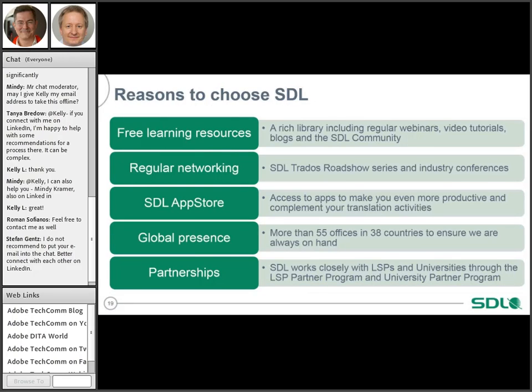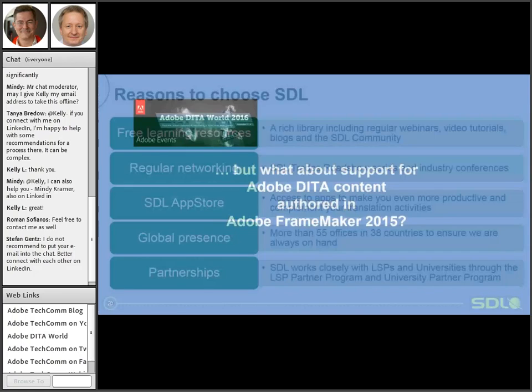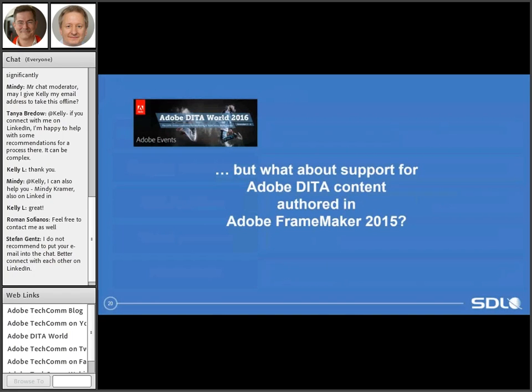Obviously, our global presence, I talked about that already. And then the partnerships, both at the technology level, so Adobe comes to mind, but also when it comes to working with language service providers and universities. So we have partner programs for this as well. So these are kind of non-software related benefits that you get when you choose us.